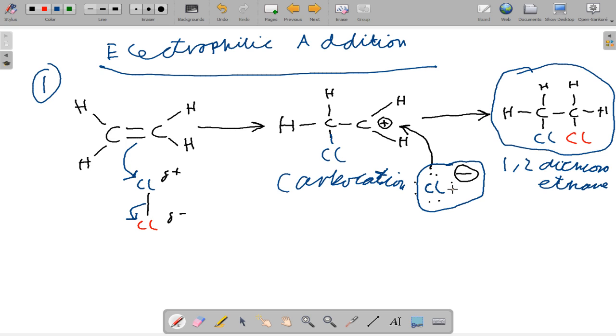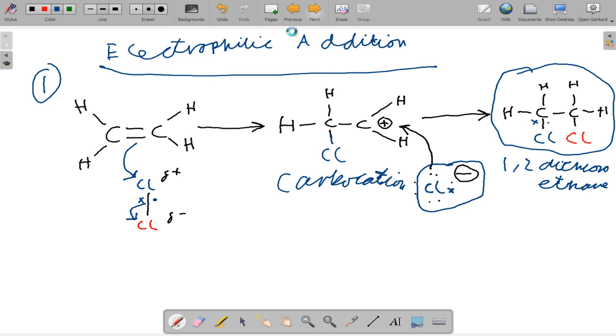So if I draw a dot cross diagram correctly, that cross would come from the bond, from these bonded electrons moving from the bond. So here's the bond, and that electron pair would move to the chlorine to form a chloride ion, and then the chloride ion would attack the carbon to bond and produce 1,2-dichloroethane.